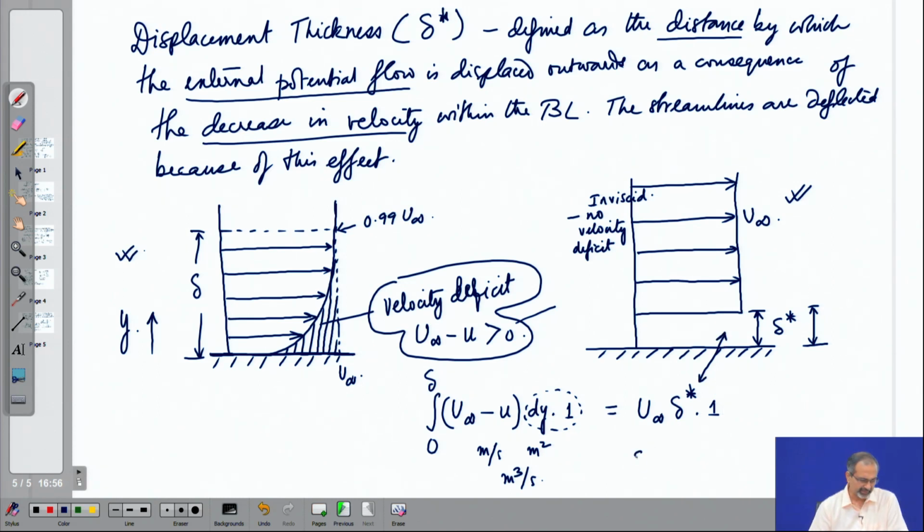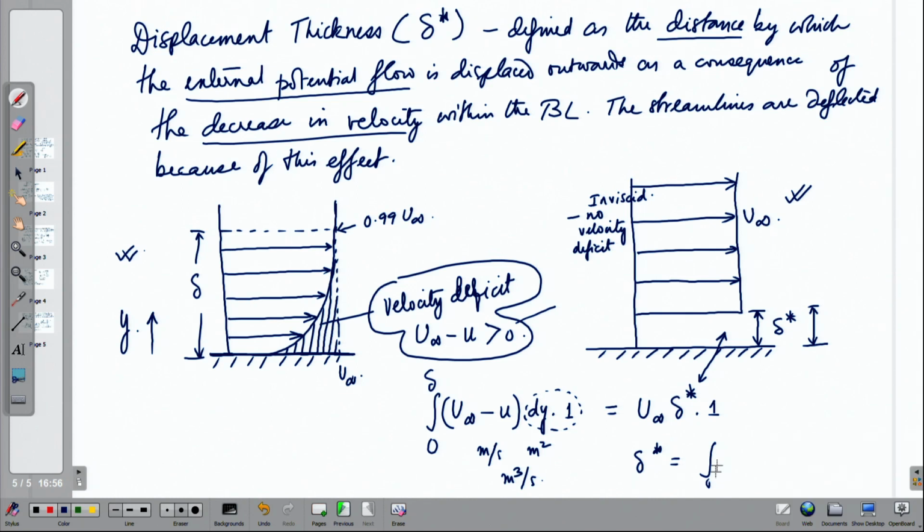So, if that is the case, then delta star can be represented as the integral from 0 to delta of 1 minus u by u infinity, dy. This will give you the displacement thickness.